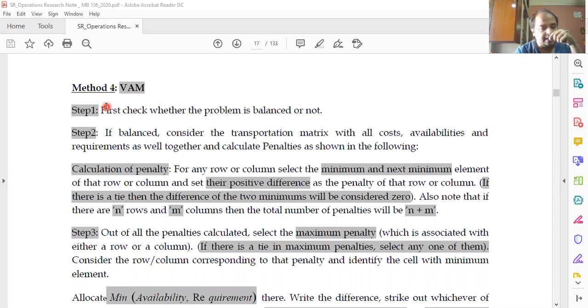In today's class, since the notes are already prepared and the methods are already written here, I'm going to read it for you first, and then show you the screen on which the problem has been solved. Whenever I discuss the methodology of Vogel's approximation method, I shall give you time, and you will try to do the calculation in your copy.